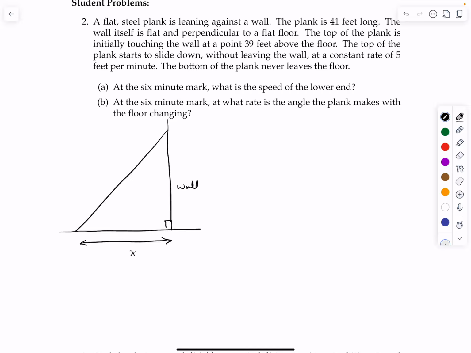The height is changing. Call that y. But this is not changing in the middle here. This is 41 feet long. I see from part B that we're going to need the angle. So the angle is changing.